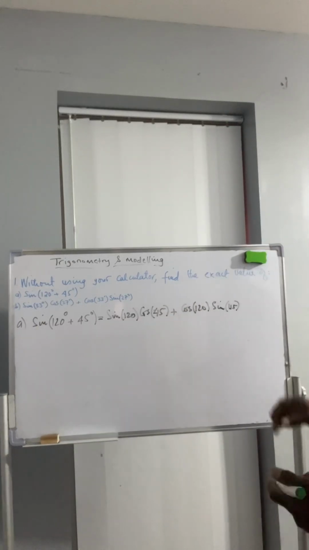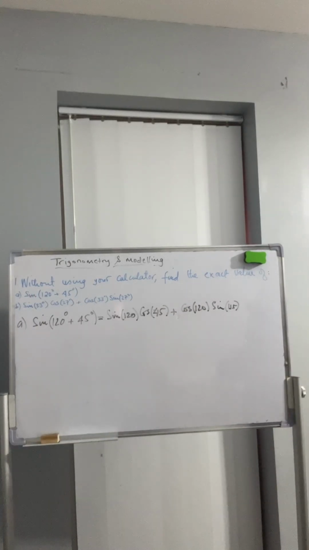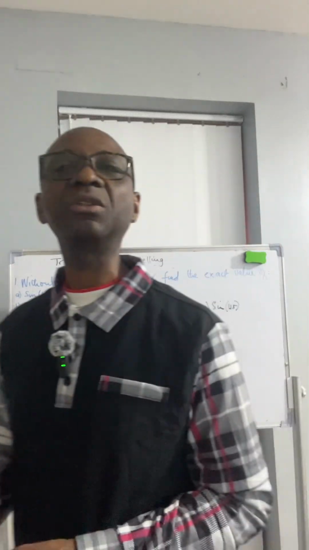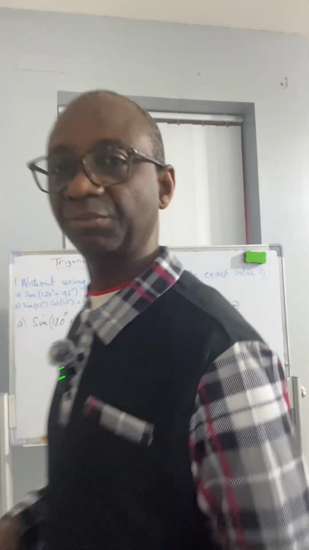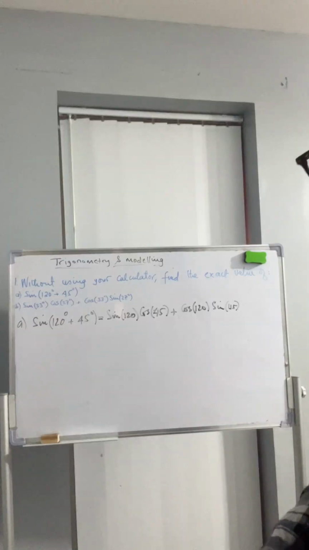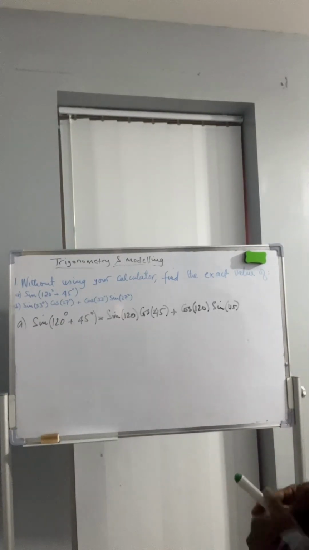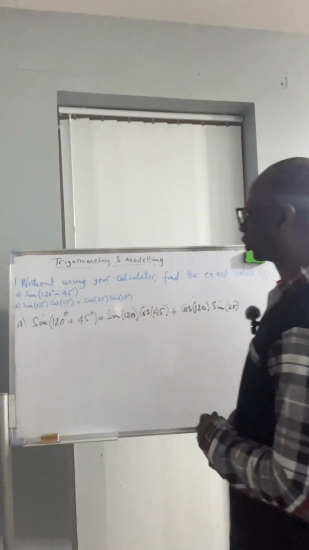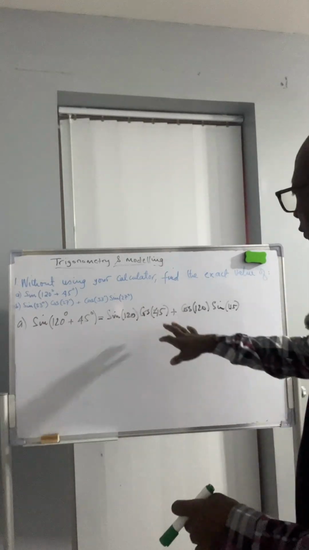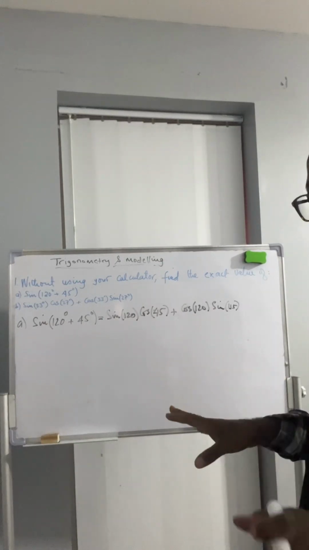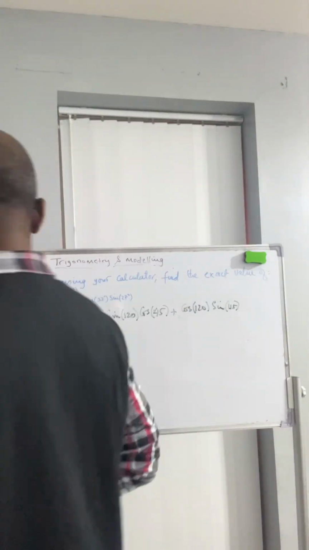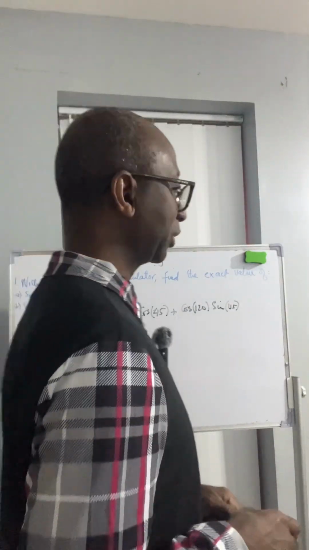So again, they expect you to use the trig functions. Cos 45, sine 45, that one, I assume you already know. But what is sine 120?